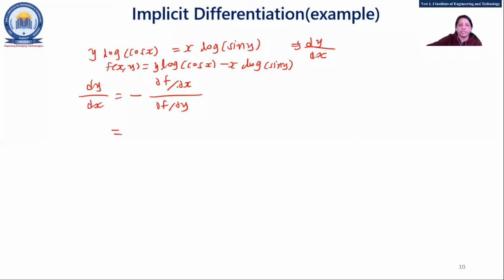Now anyone for this del f by del x? Just raise your hand quickly, or I'll unmute a random one, right? Because all are supposed to answer. Okay, 38 number absent. Fine. 34, Mihir. Del f by del x. 34 Mihir, unmute yourself.